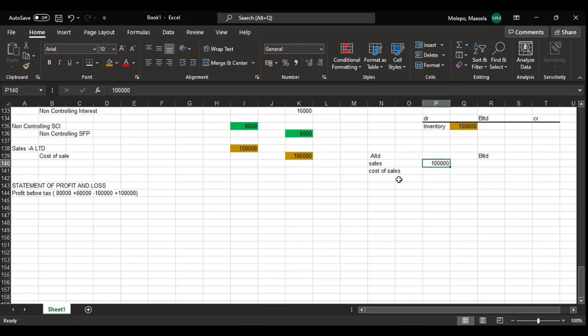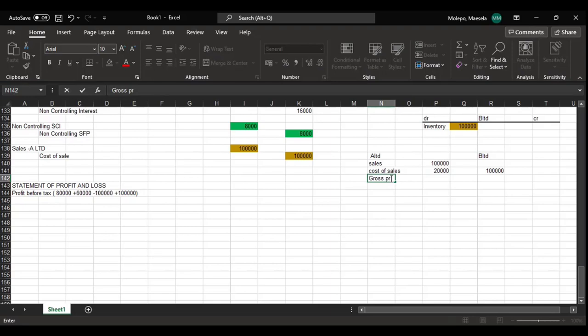This 100,000: A Limited sold goods to B Limited. On B Limited, this 100,000 will sit as cost of sale, but on A Limited it is sitting as sales. Let's say the cost of sale is 20,000. Sales minus cost of sales, we have a gross profit of how much?